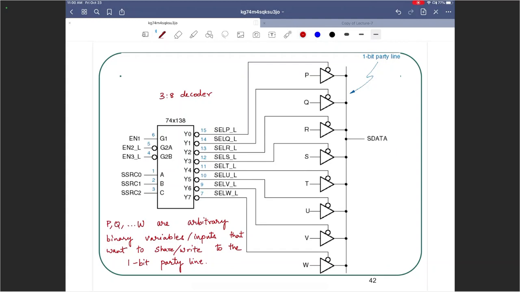So all these guys are trying to write to it. P, Q, R, S, T, U, V, W. They're all trying to write to it.